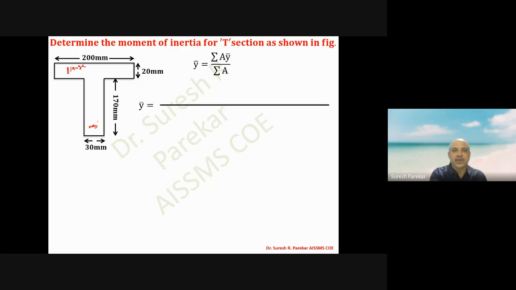So we have first 200 into 20 into 10. So we have this distance as 10. Plus then we have 170 into 30, and then we have this distance as 170 by 2, and then from top, so y bar we have from top, and therefore plus this 20.